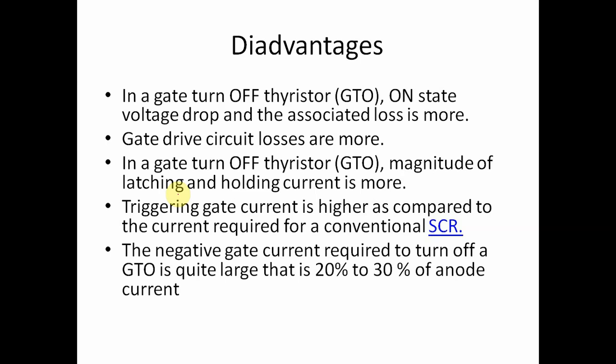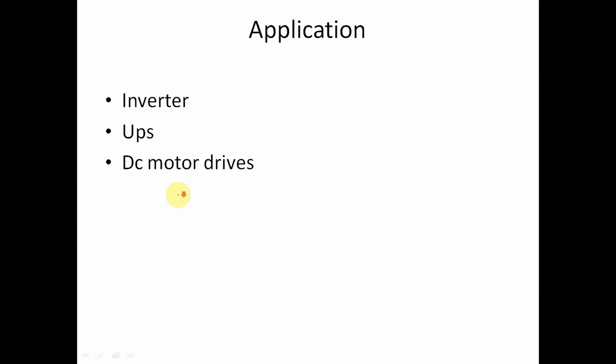The magnitude of latching and holding current is more. Triggering gate current is higher compared to the current required for a conventional SCR. Triggering means turning on the device. And the negative gate current required to turn off a GTO is quite large, that is 20% to 30% of the anode current.